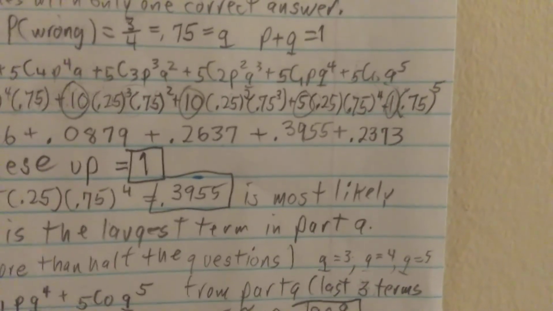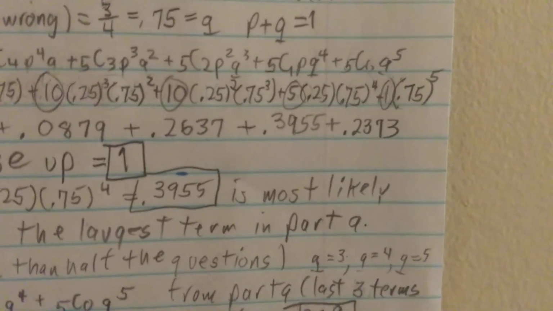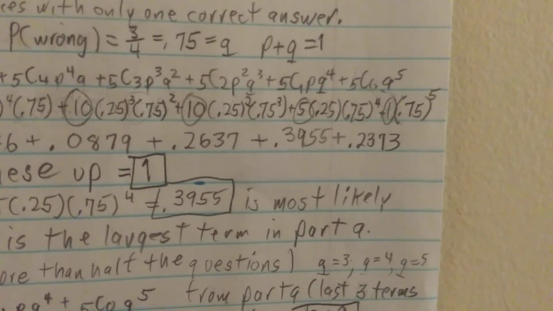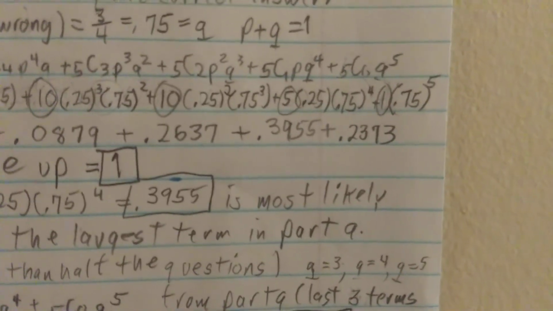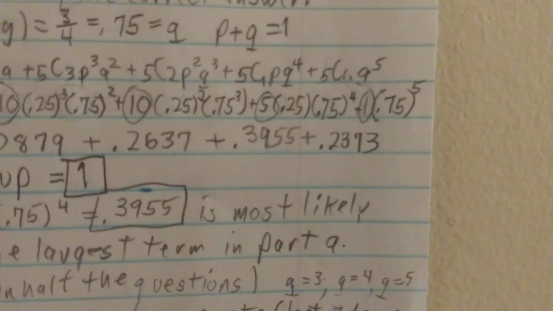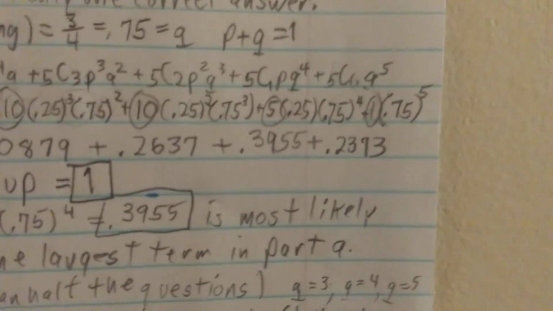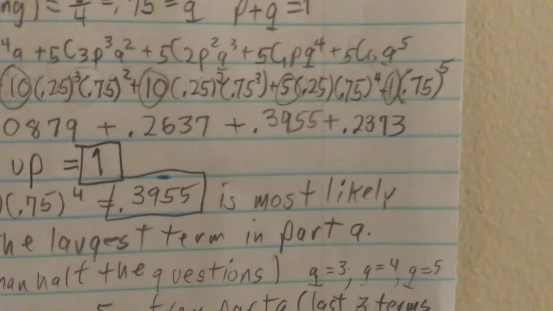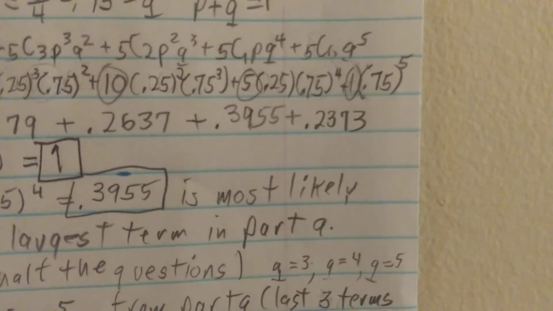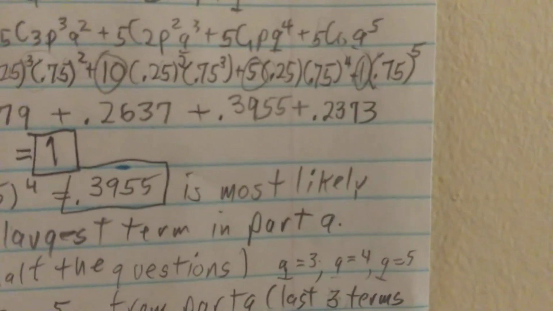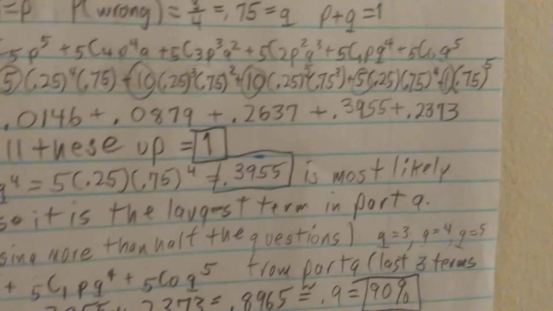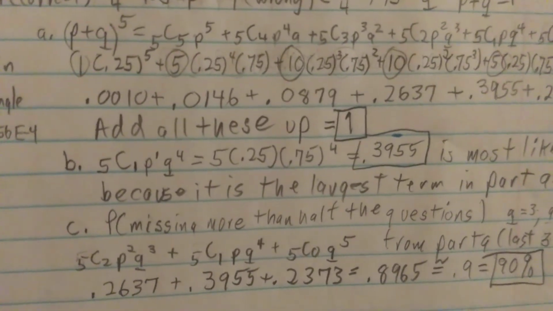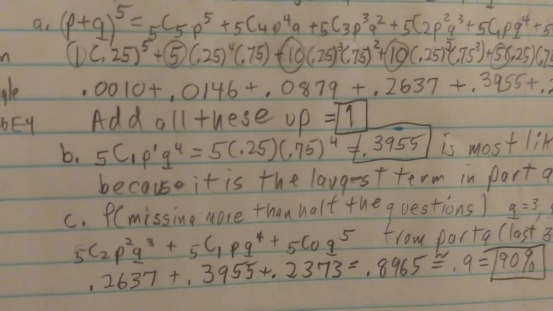Then the fourth term is 10 times 0.25 squared times 0.75 to the third, which is 0.2637 to 4 places. The fifth term is 5 times 0.25 times 0.75 to the fourth, which is 0.3955. And the last term is 0.75 to the fifth, or 0.2373. And those are all rounded to 4 places, and when you add them up, you get exactly 1.